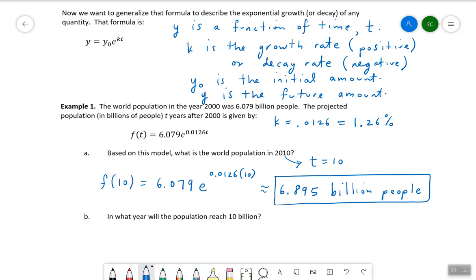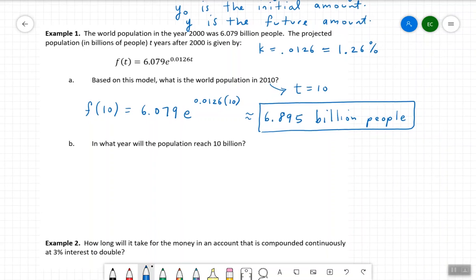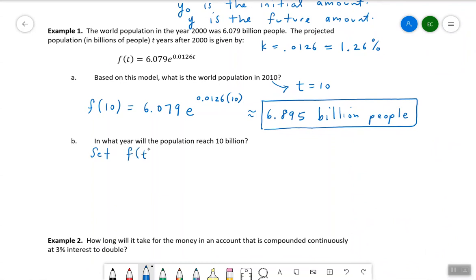In part B, we're asked, in what year will the population reach 10 billion? 10 billion is the future amount. So we're going to set f of t, the future amount, equal to 10, and solve for t.